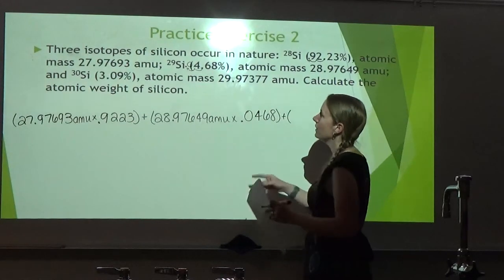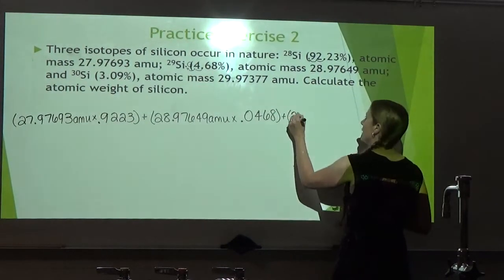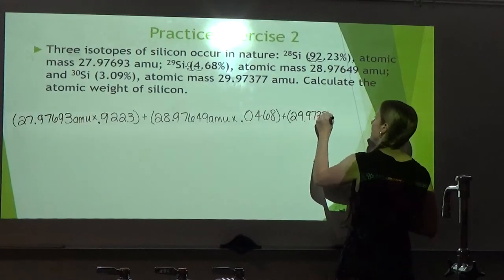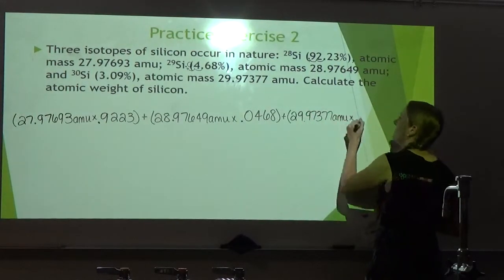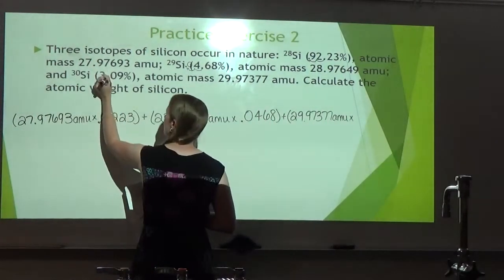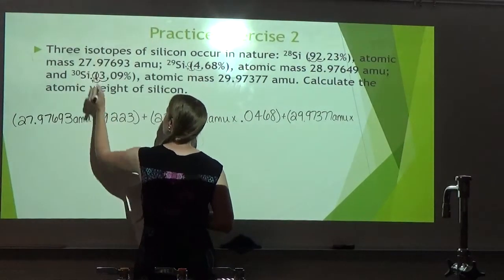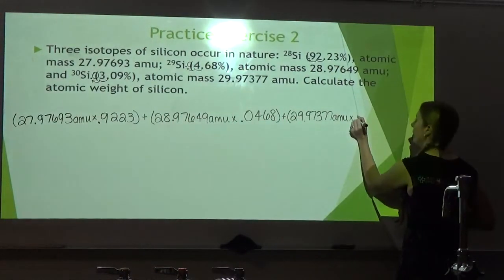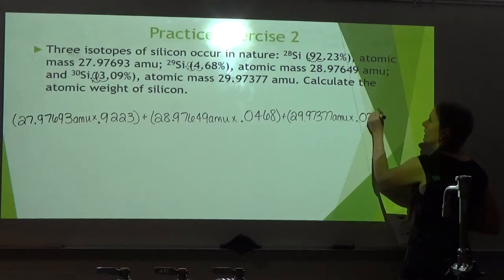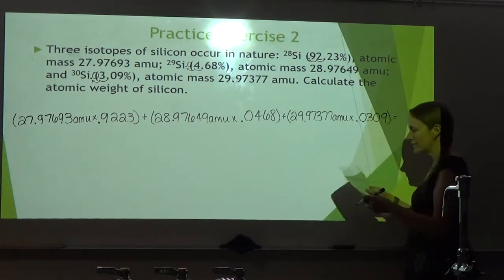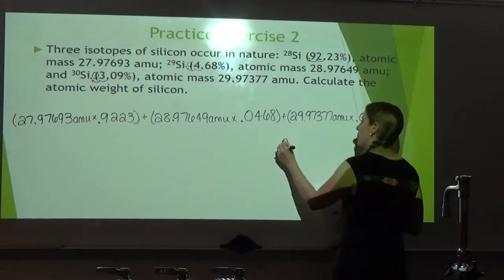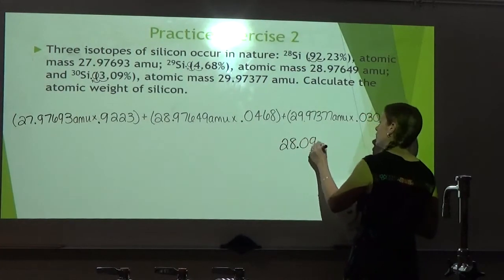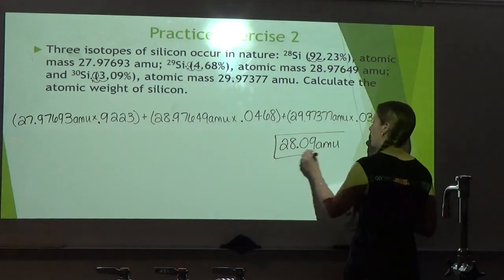And then we just do it for our last one. Our mass is 29.97377 AMU times my percentage as a decimal. So again, I'm going to move it twice. So I'm going to multiply it by 0.0309. And once I do all that, I end up getting about 28.09, don't forget your units, AMU.